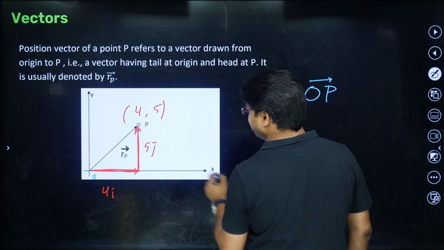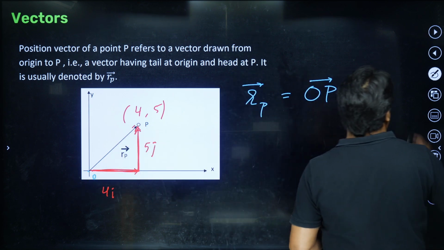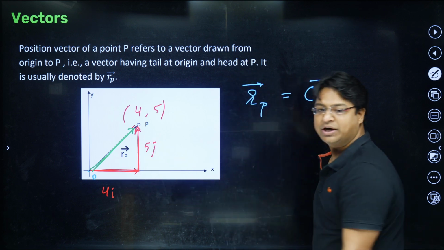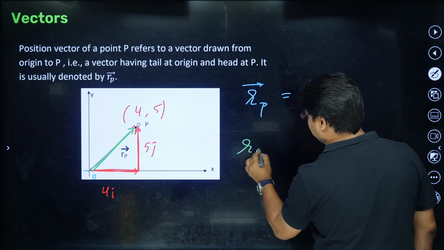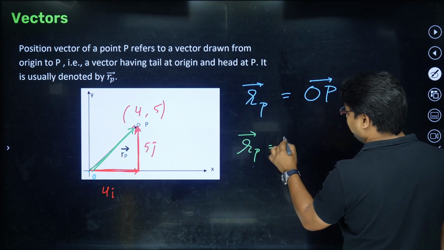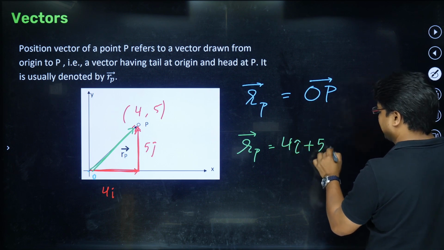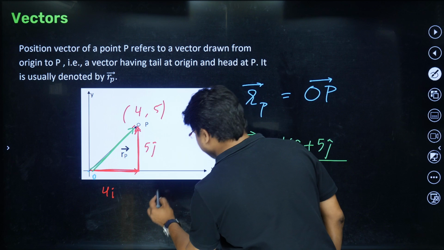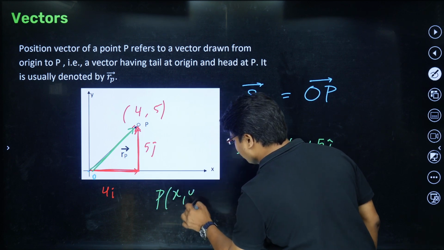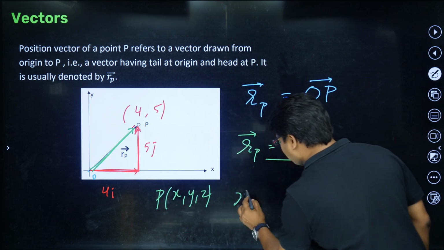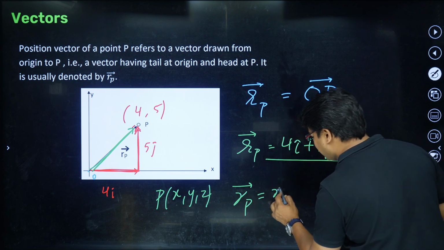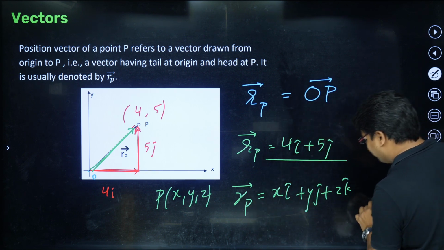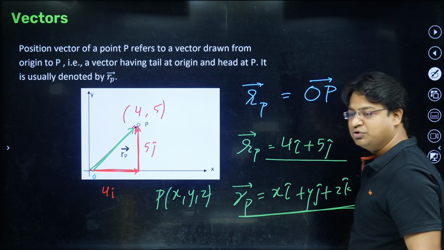So the position vector, the sum of the two red arrows, R_P vector, will be written as 4 i cap plus 5 j cap. In other words, we can make a thumb rule: if any point has coordinates x, y, z, then the position vector of that point can be written as x i cap plus y j cap plus z k cap. So you can remember it.